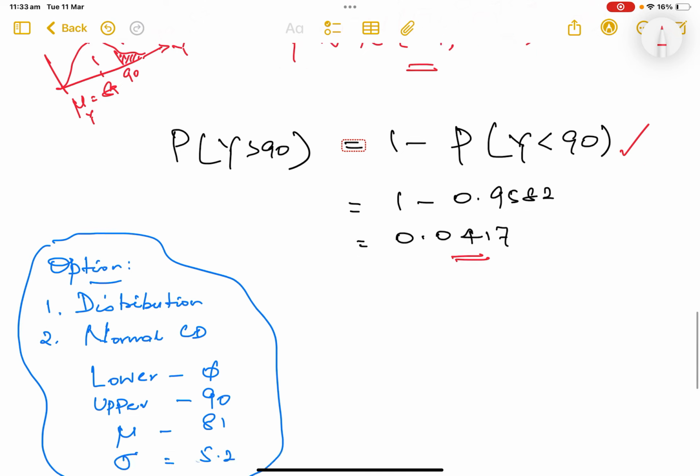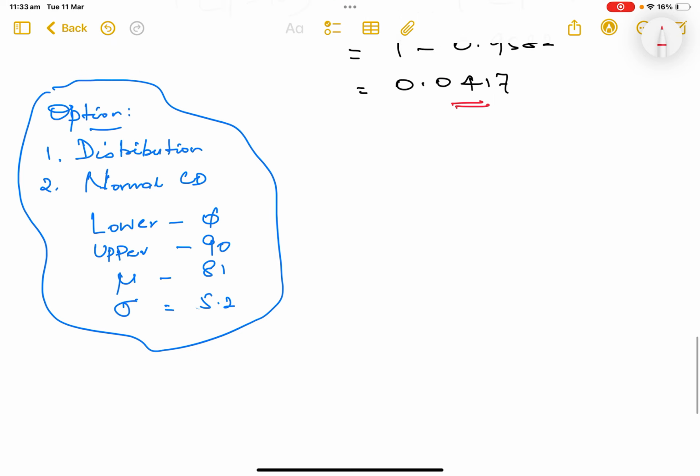Then use the scientific calculator. Select the distribution, the normal distribution, then Normal CD, normally option 2. It asks for the lower value, which is 0, and the upper value, which is 90.